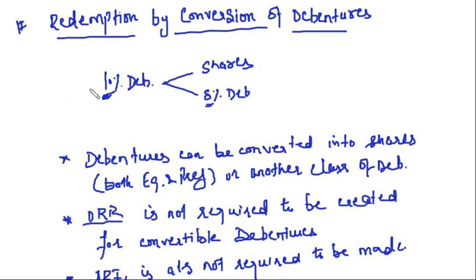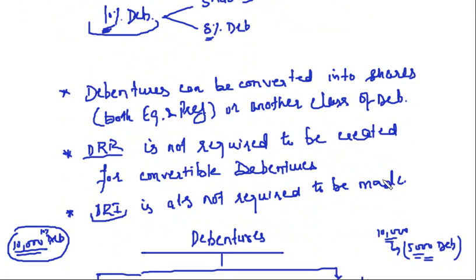You are cancelling these 10% debentures, and against these debentures, instead of paying cash to the debenture holder, you are either issuing the shares to that debenture holder or you are issuing new class of debentures. Clear? Instead of paying cash to the debenture holder, we are issuing the shares or a new class of debentures to that particular debenture holder. Right? So debentures can be converted into shares, either equity or preference or another class of debentures.